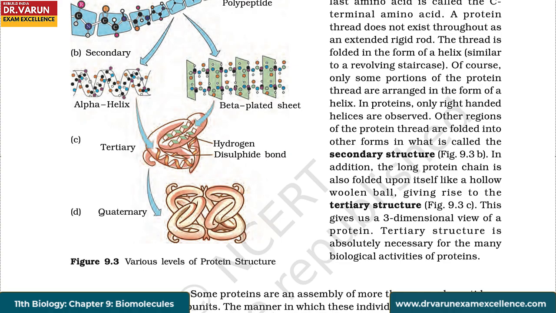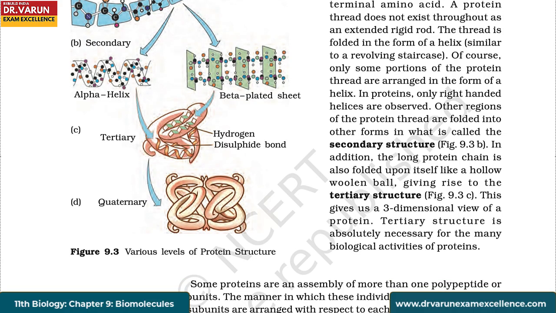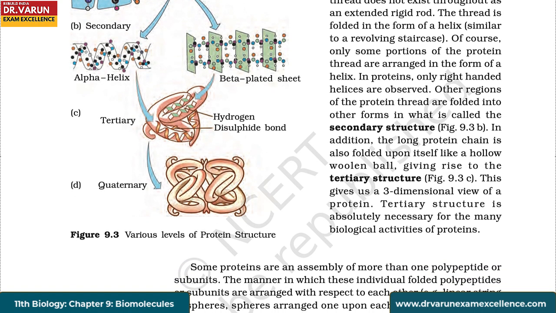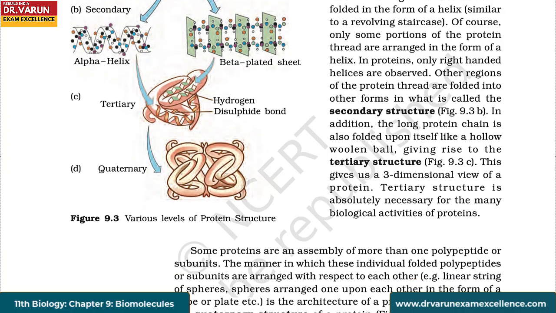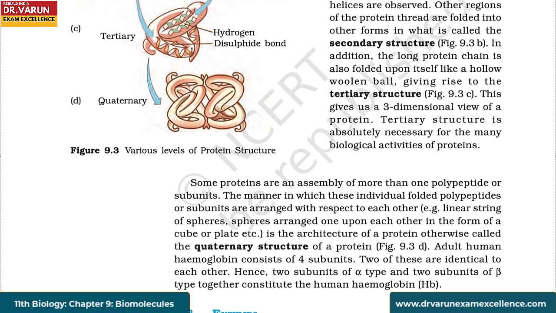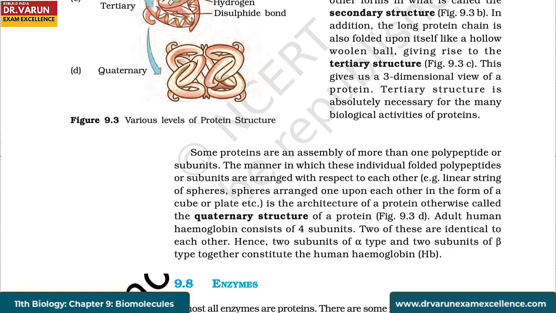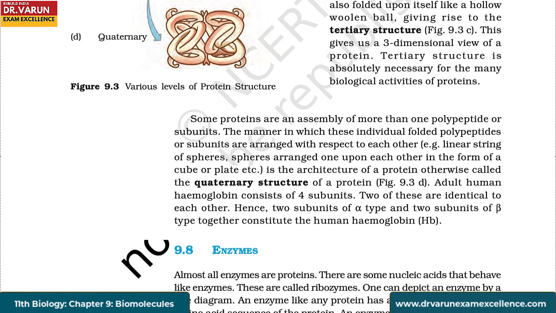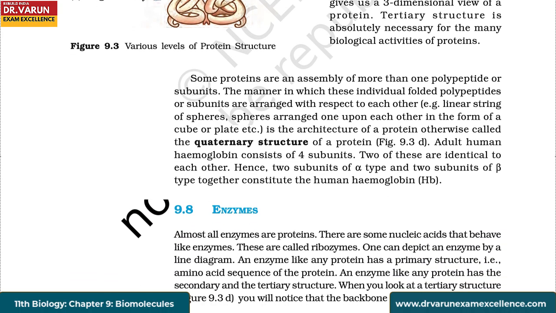In addition, the long protein chain is also folded upon itself like a hollow woolen ball, giving rise to the tertiary structure. This gives us a three-dimensional view of a protein. Tertiary structure is absolutely necessary for the many biological activities of proteins. Some proteins are an assembly of more than one polypeptide or subunits.